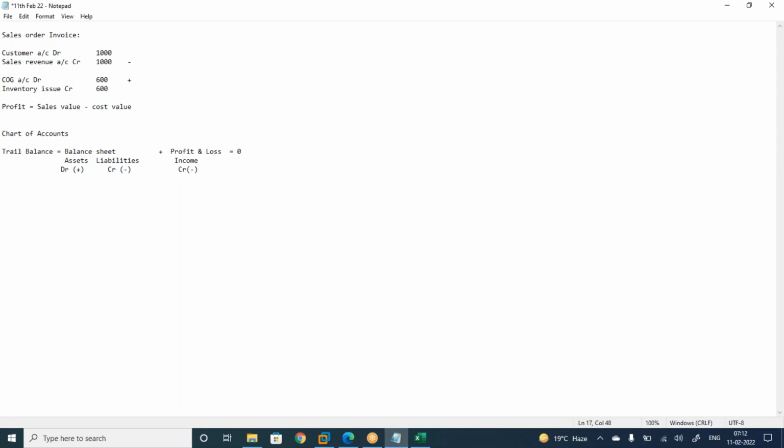Many people get confused. This is minus. Why is it minus? This positive plus this minus, the sum should become 0. That is the reason it is minus.